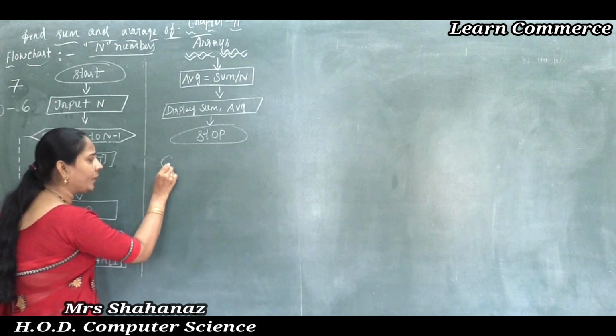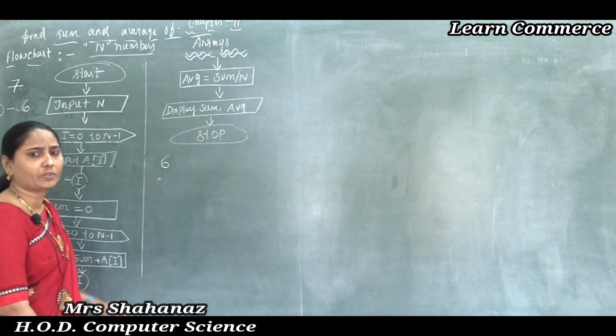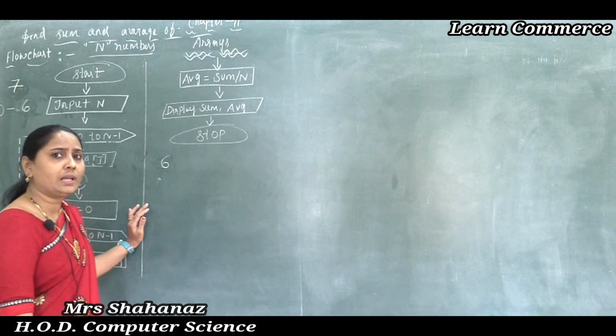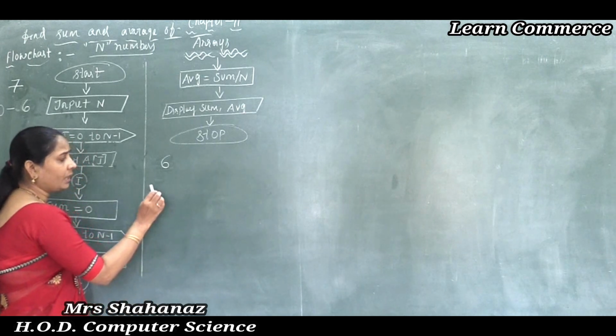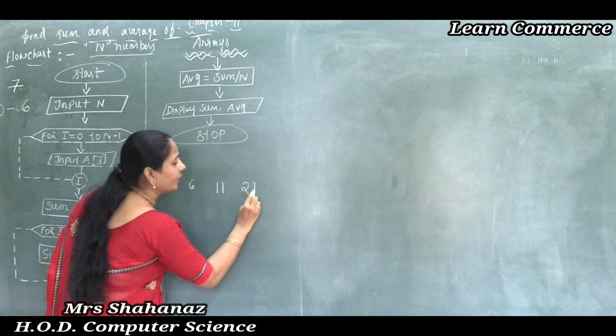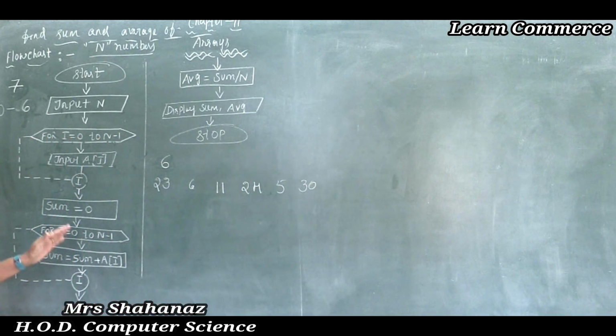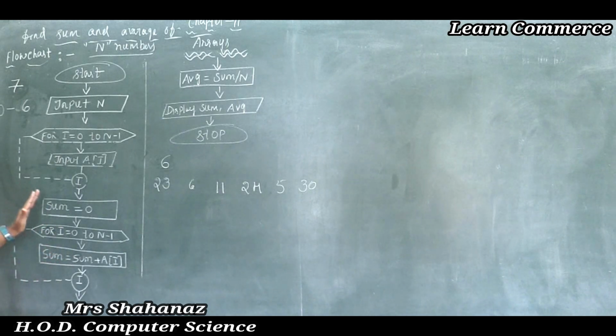Let's take this example only, whatever value we used in the solution, such values only: 23, and then 6, 11, 24, 5, 30. Like that you are going to enter the values one after another.